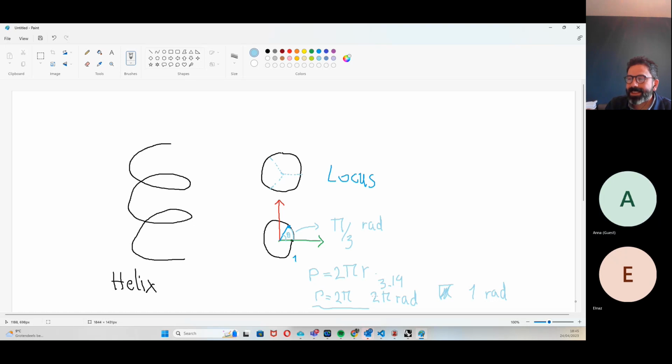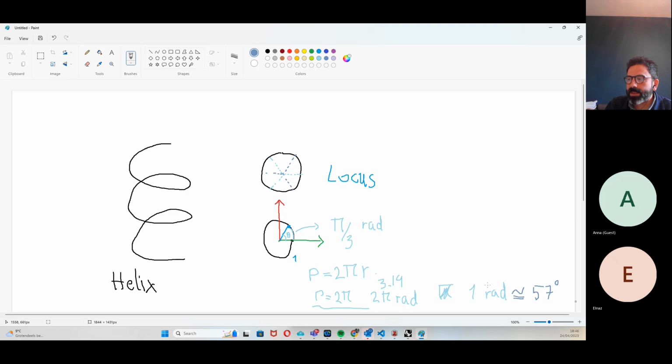If the whole circle is 6 radians, then if I want 1 radian, it's almost 1/6 of the circle. Excuse me. What was 1 radian? It's almost 57 degrees or something.